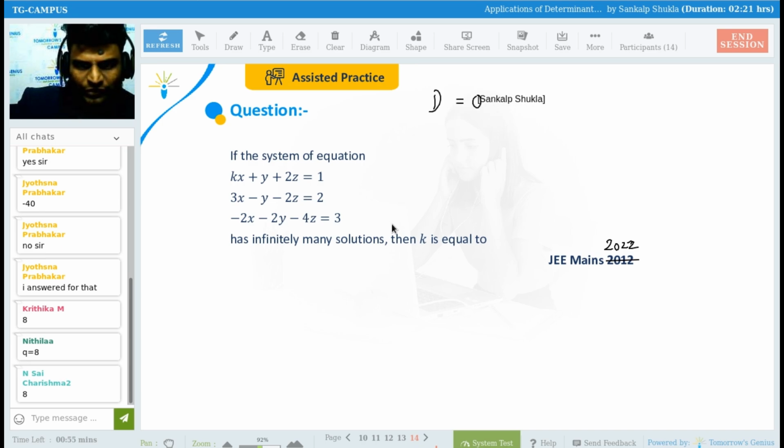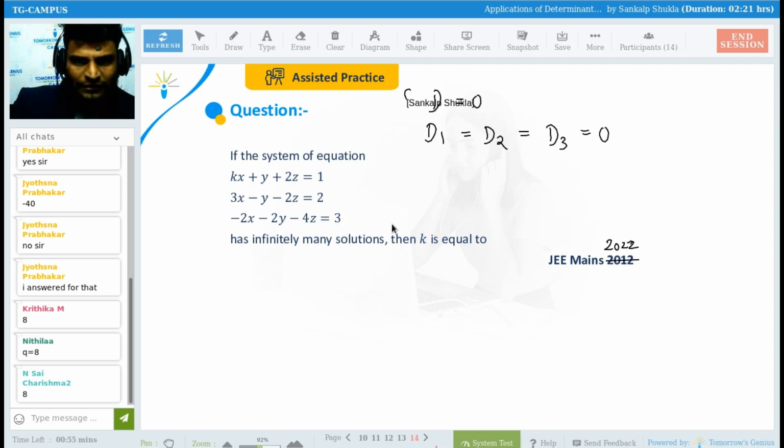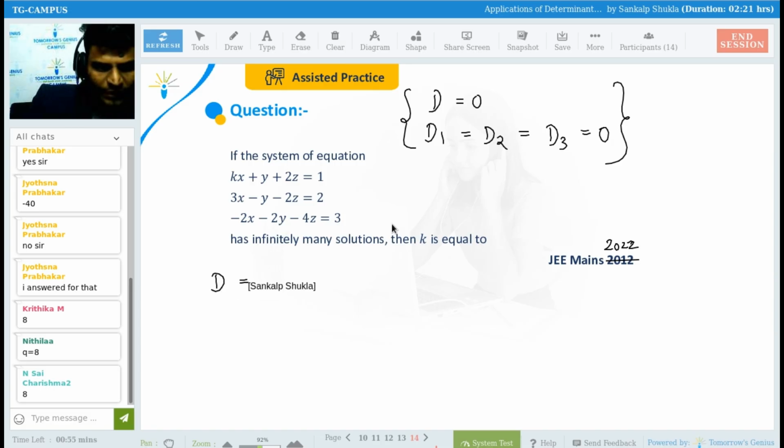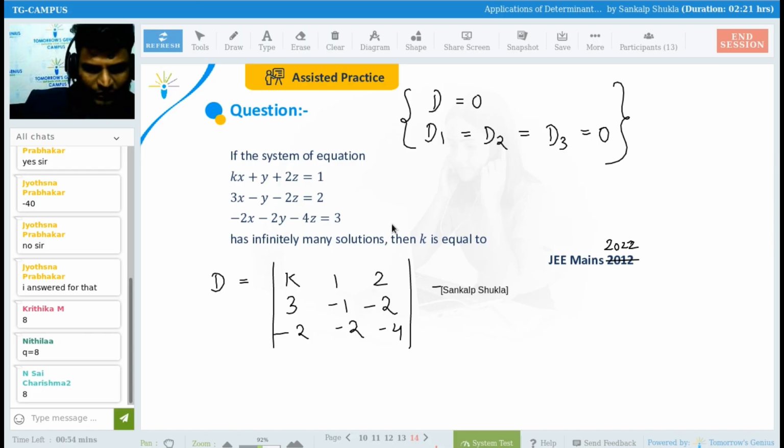See, d is equals to 0 is there. d1, d2, d3 is equals to 0 is there. This is the condition. This you have to execute, okay? So what is the value of d? It is k, 1, 2. It is 3 minus 1 minus 2. It is minus 2, minus 2 and minus 4. This is the value of d.